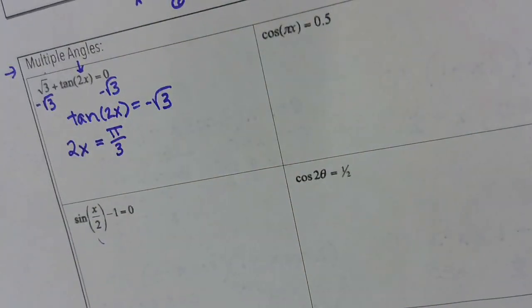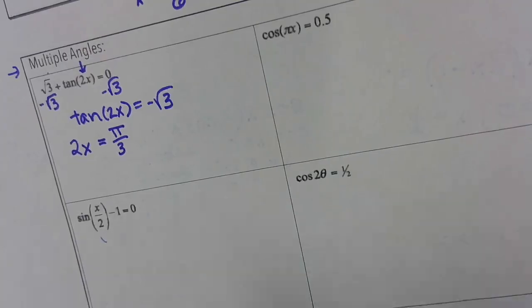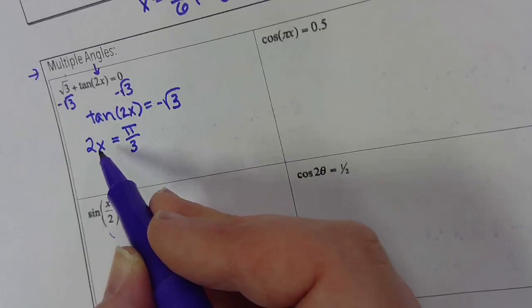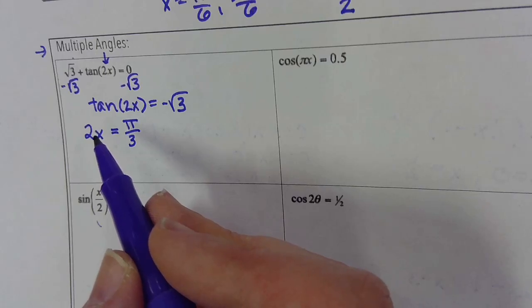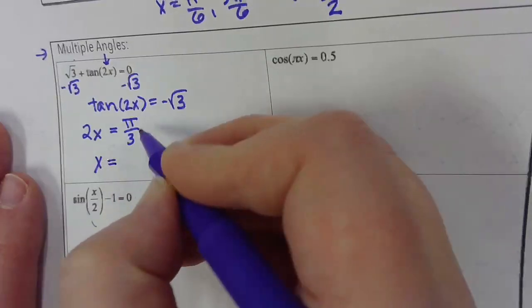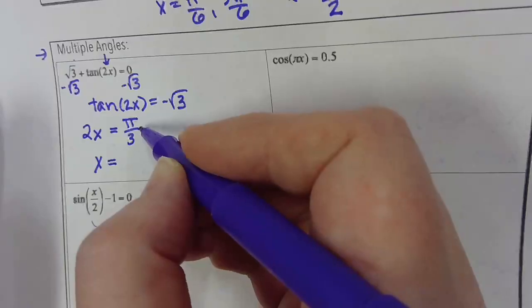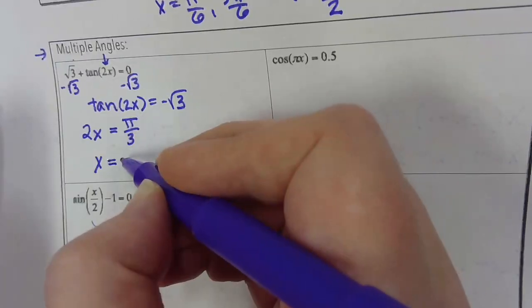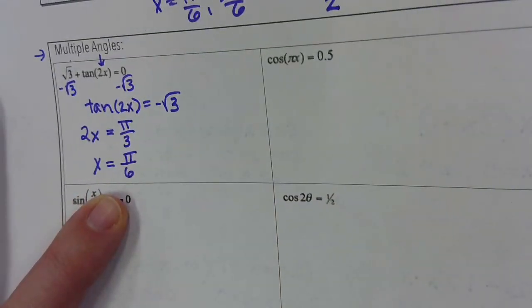And when you think about solving an equation, isolating the x, you would be dividing by 2, or it's almost easier to think about it as multiplying by 1/2 to isolate that x. So x would be pi over 6. My solution here would be pi over 6.